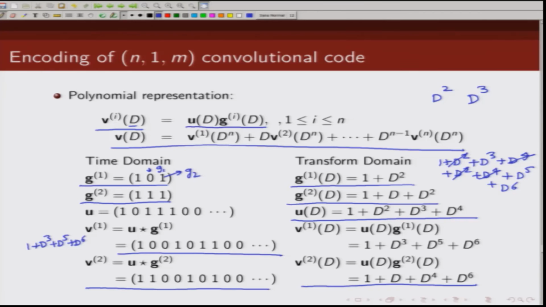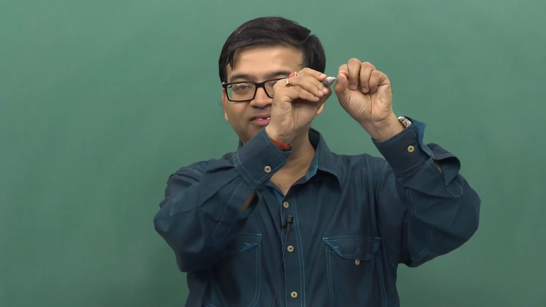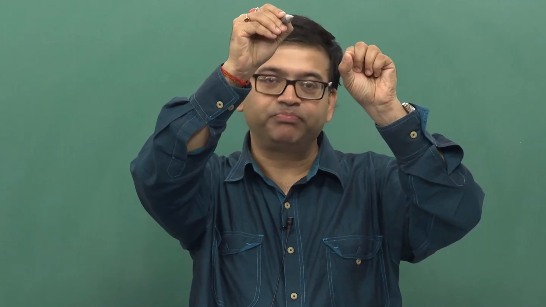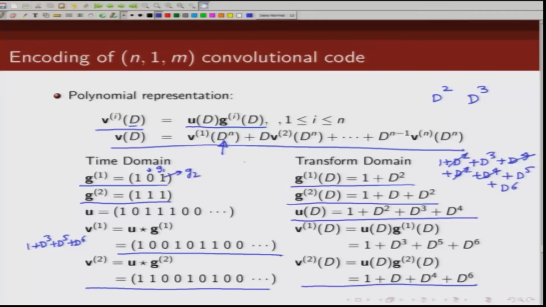Now, I can combine these n outputs in this particular fashion. So, I take the first output, note that I have made it D to power n, because if it is a rate 1 by n code, the first output will appear after every n bits. The first bit is from the first coded sequence, then after n bits it will again repeat. So, that is why I have made it Dn.